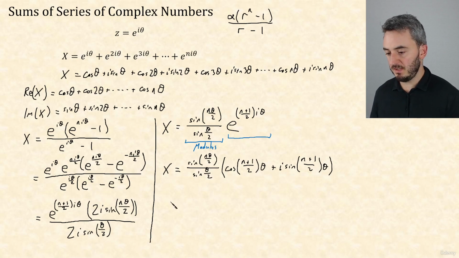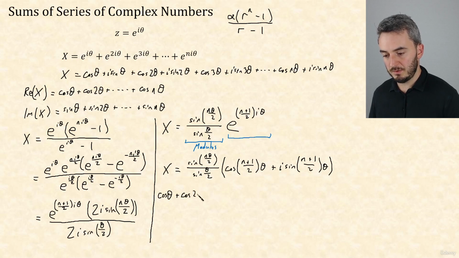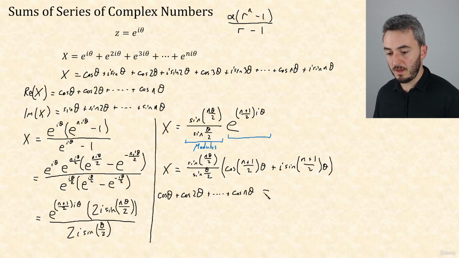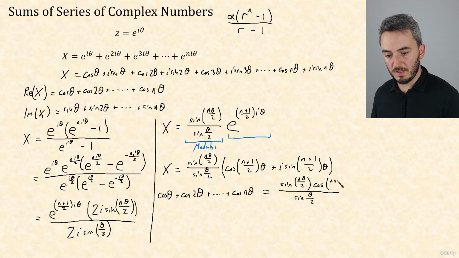So really excitingly, what I can say is the sequence cos theta plus cos 2 theta all the way up to cos n theta, which is the real part of x, must be the same as the real bit of this. What is that? That's sine n theta over 2 over sine theta over 2 multiplied by the real part here, which is cos (n plus 1) over 2 theta.